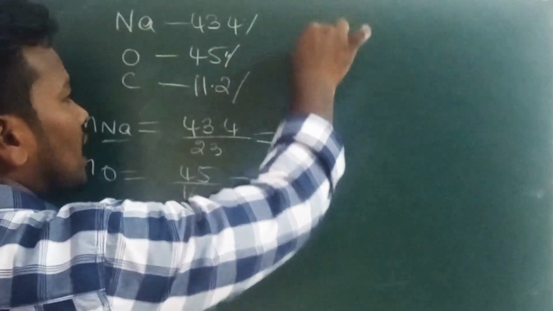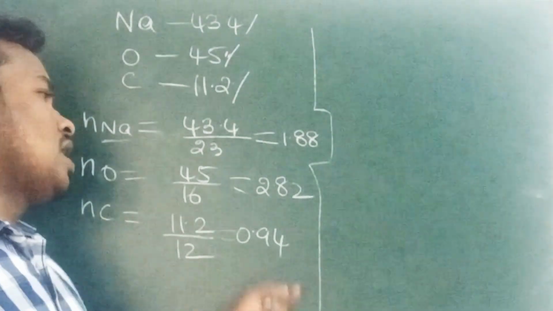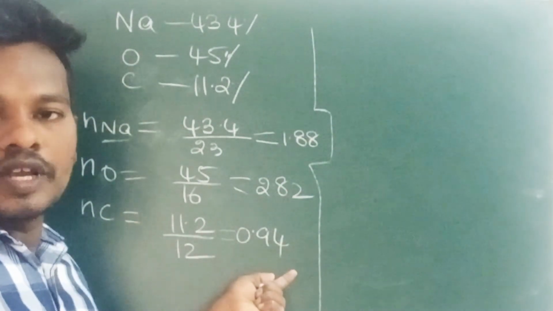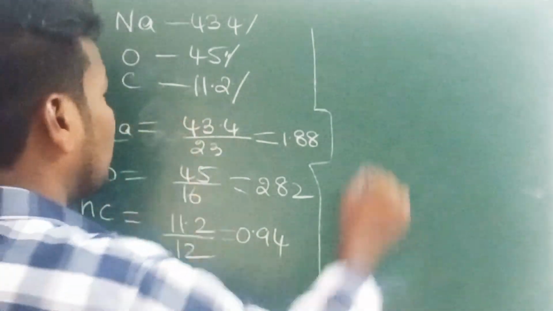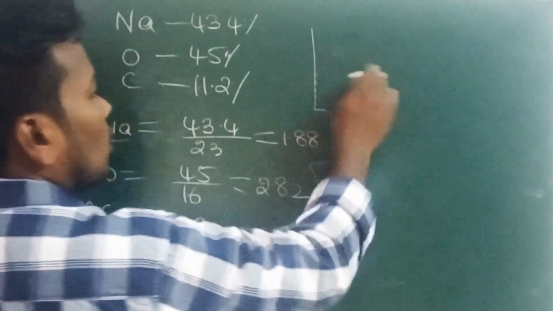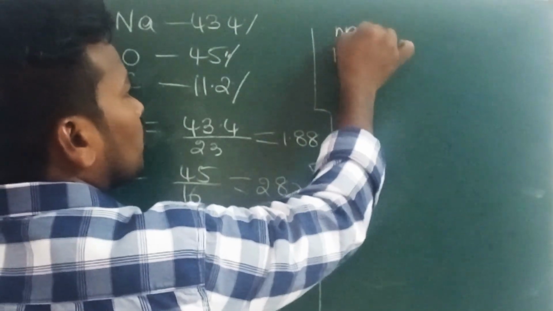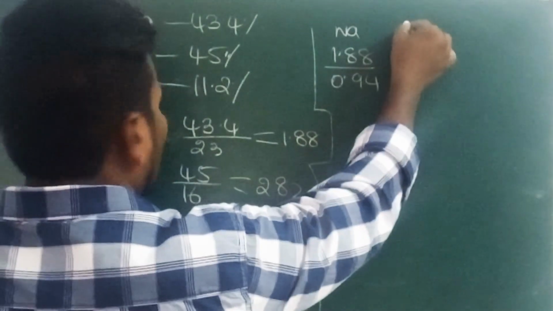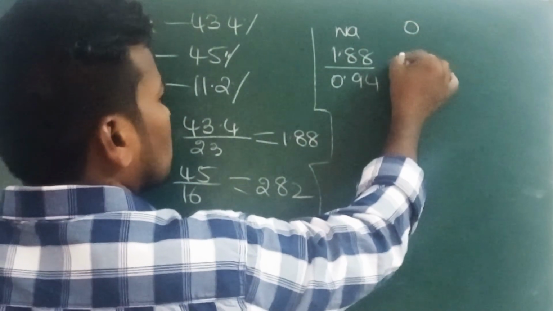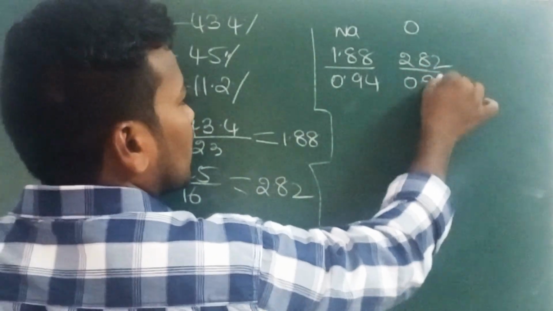We have got the ratios. So what we have to take? Highest ratio by the least ratio. Whatever is the least ratio, we have to divide by it. Sodium: 1.88 upon 0.94. Oxygen: 2.82 by 0.94.